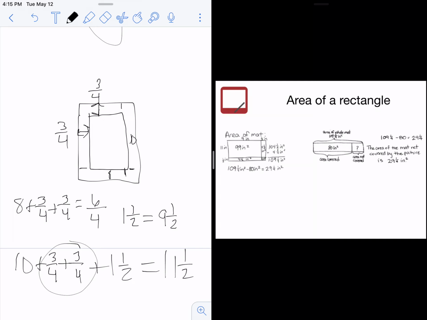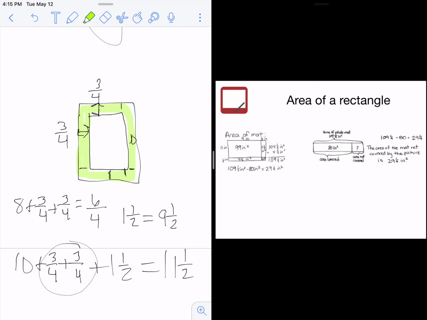And that gives you 29 1/4. So that tells you that the area of the mat not covered by the picture, just this area, is 29 1/4 inches squared.